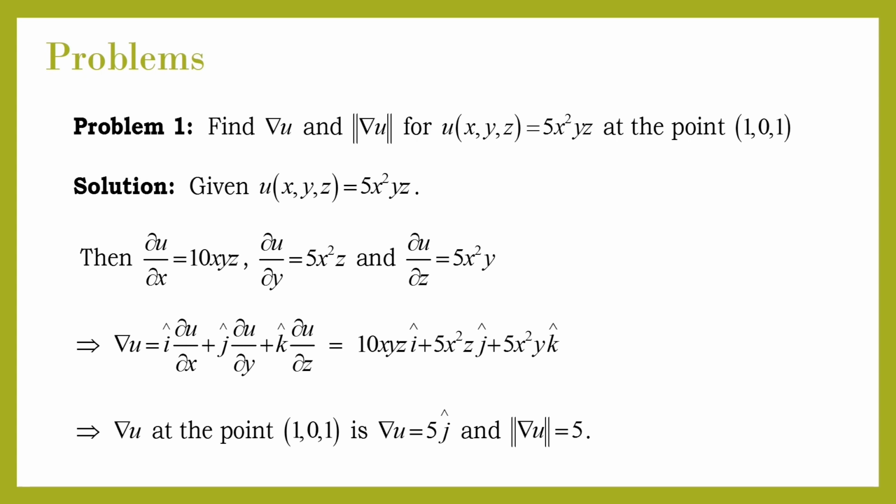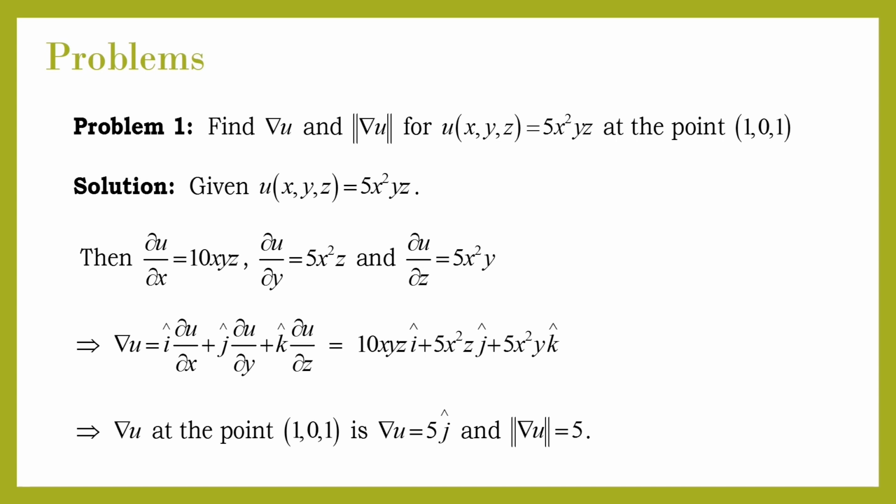But we have to find out del u at the given point 1, 0, 1. Here the value of x is 1, y equals 0 and z equals 1. If I substitute these values of x, y and z, then del u equals j cap into 5.